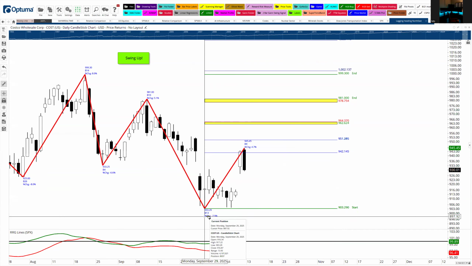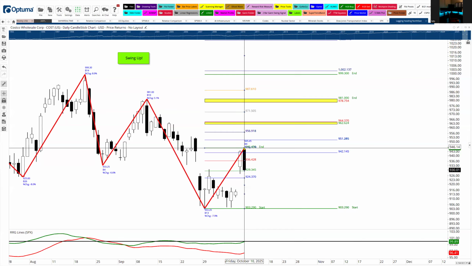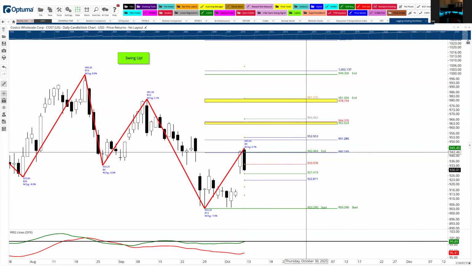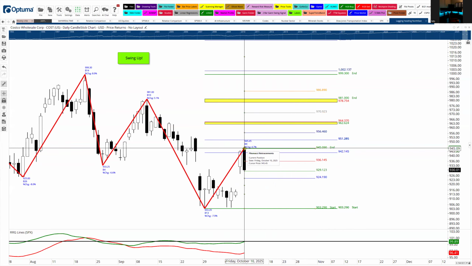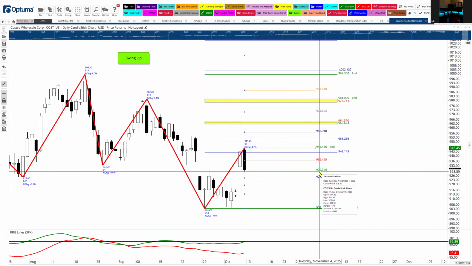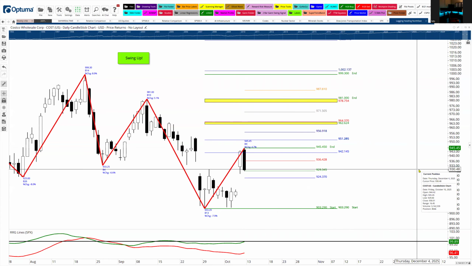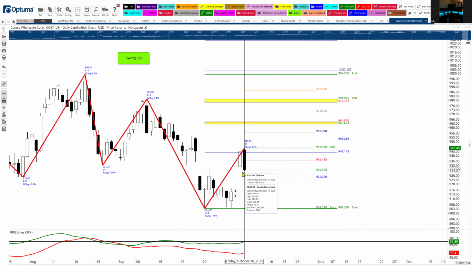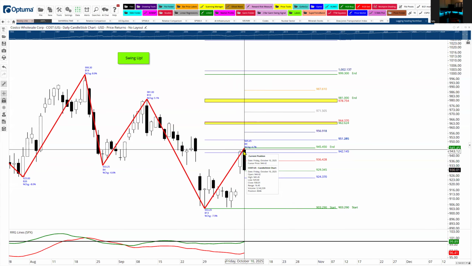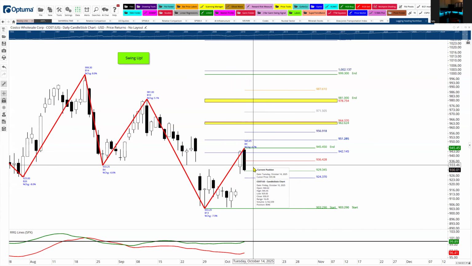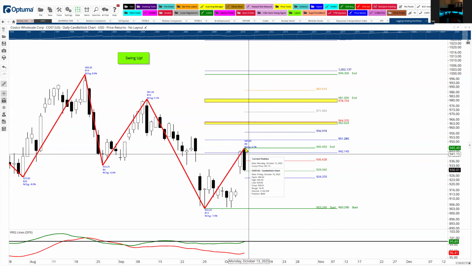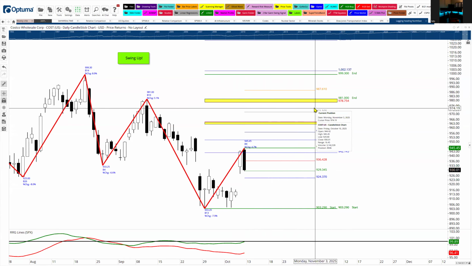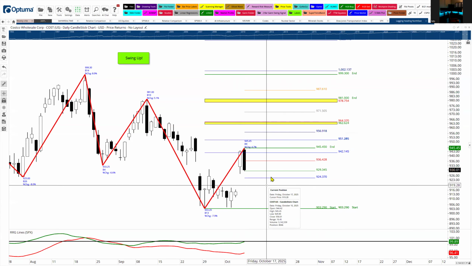And then from here, if you wanted to see where you could find the downside, that's 930, 925, 920. So this is the area, because if you want one or two days of a setback, and then you're looking to make a move higher.